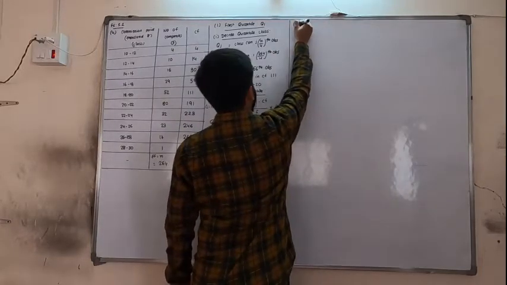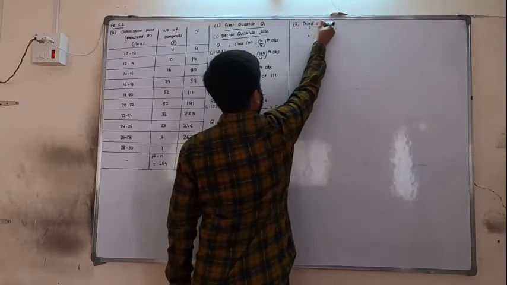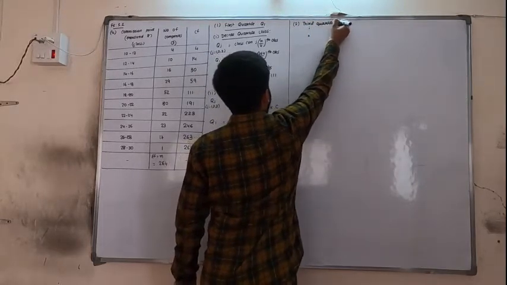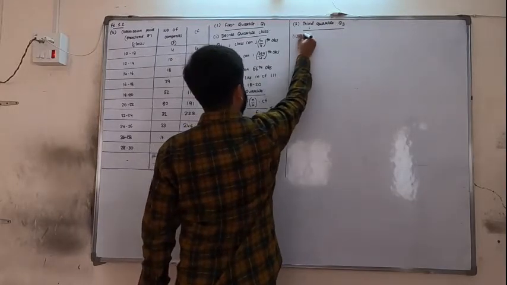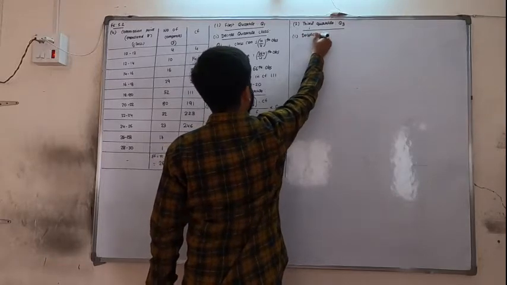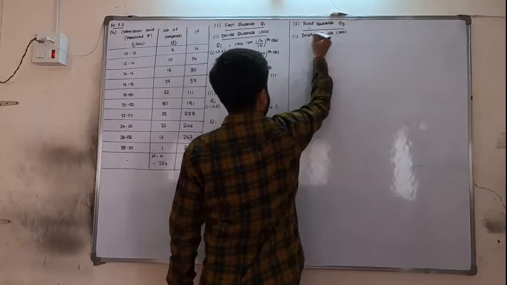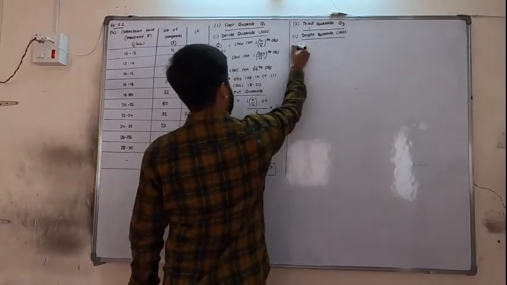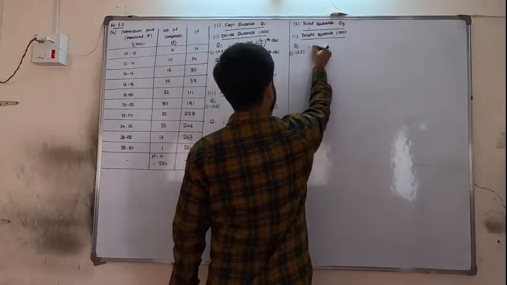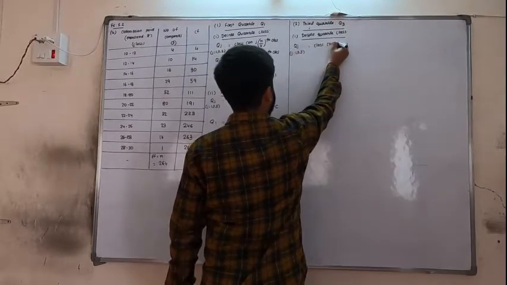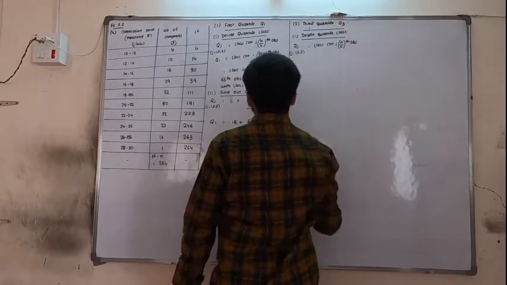Okay. Second, third quartile Q3. First step, decide the quartile class. Qj equals the class containing the j n by 4th observation.